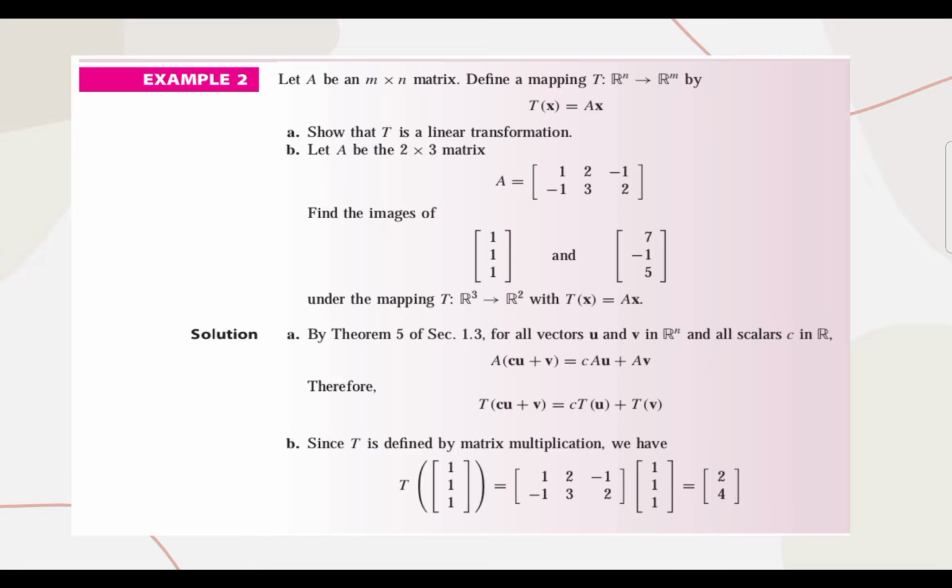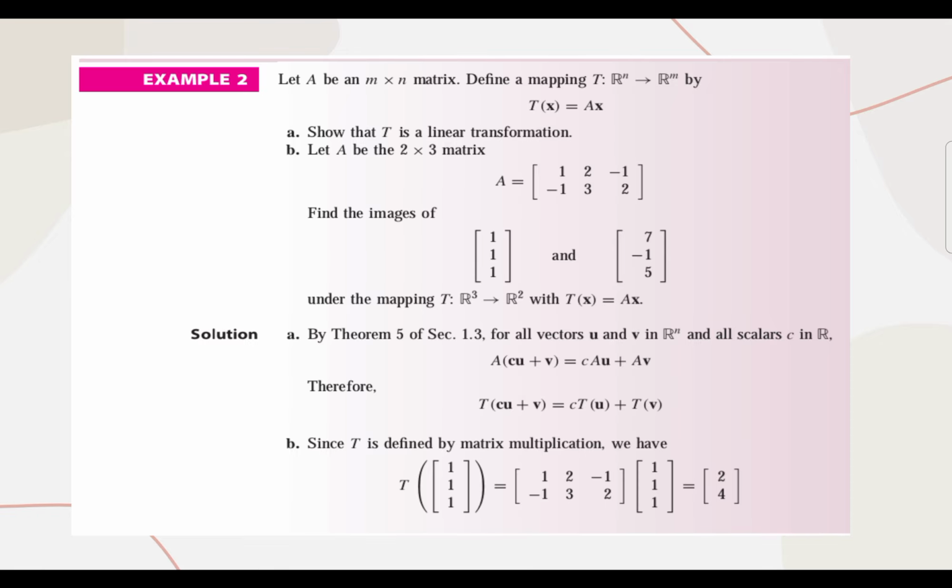Since T is defined by matrix multiplication, given the matrix A = [1, 2, -1; -1, 3, 2], we find the image of specific vectors by performing matrix multiplication Ax.